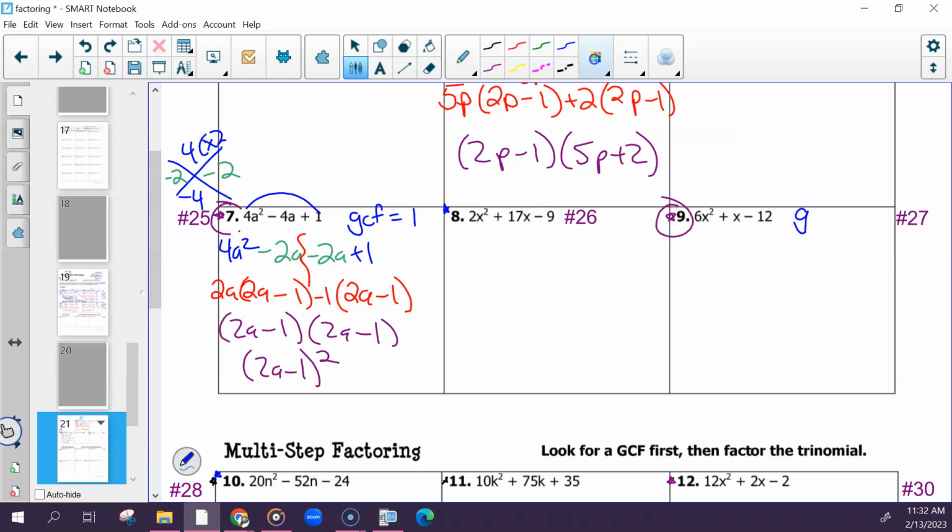Do we have a GCF other than 1? No, it is 1. And then we are looking for what is 6 times negative 12? So two numbers that multiply to be negative 72, but add to be 1.